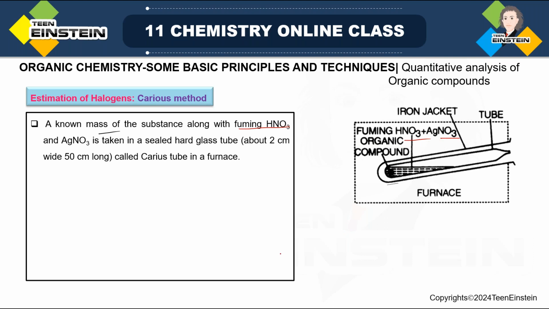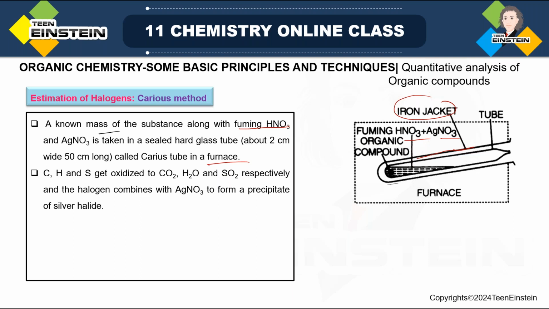Everything is taken in a sealed hard glass tube about 2 cm wide and 50 cm long. This is called the Carius tube, and it will be in the furnace. We will be heating it, and this total system is present in the iron jacket, this part. Based on this tube, which is the Carius tube, the method is known as the Carius method.